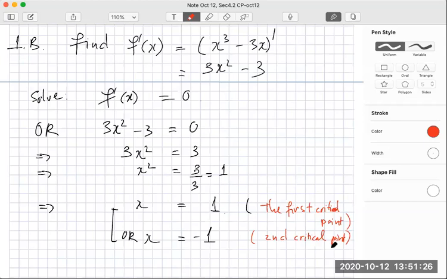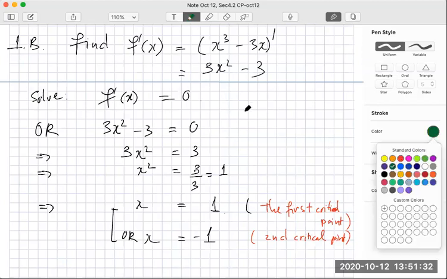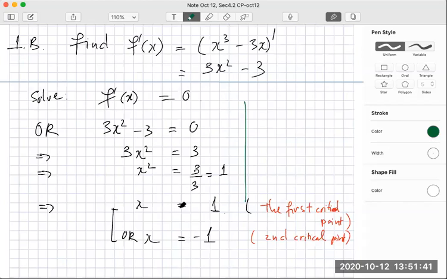Is there any other way to find the solution without doing it this way? From the graph is one way, right? Or look at this. Instead of solving it this way, I can do it this way. Here, 3 is a common factor, right? So let us factor 3 out. It is 3 times x squared minus 1 equal to 0, right?